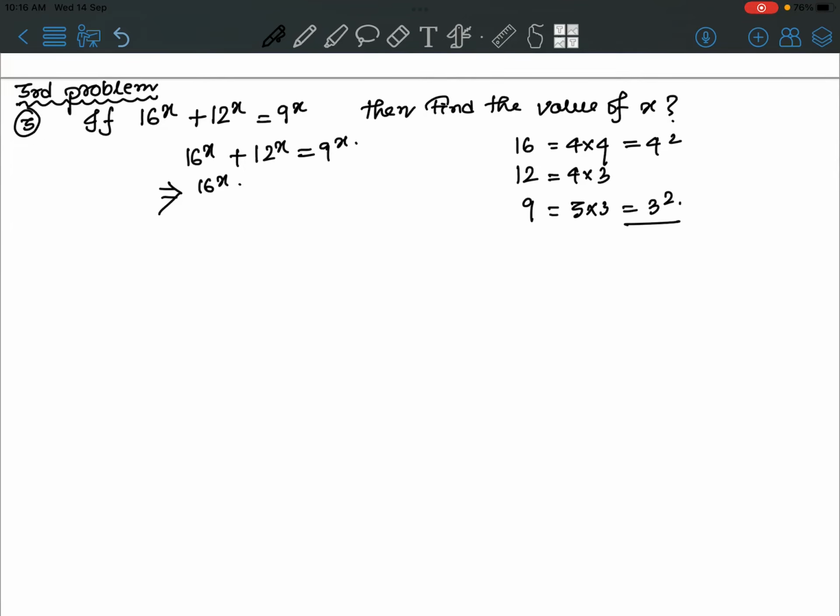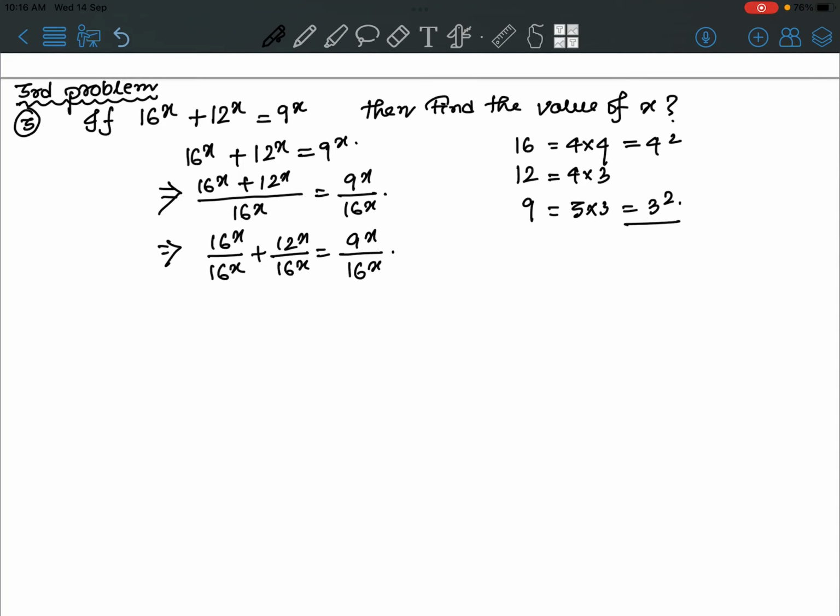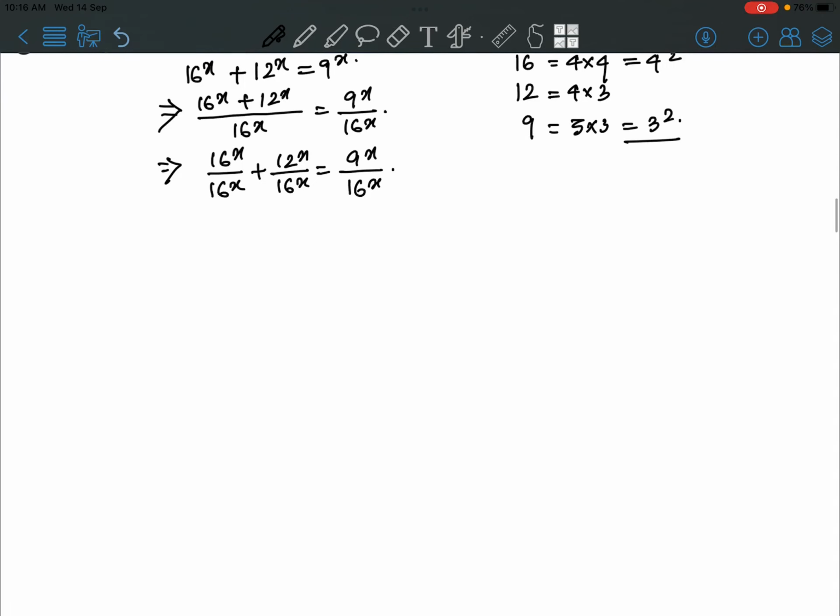So, 16 to the power x divided by 16 to the power x plus 12 to the power x divided by 16 to the power x equals 9 to the power x divided by 16 to the power x.